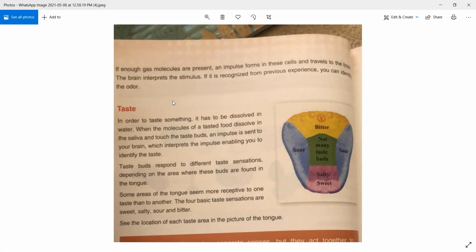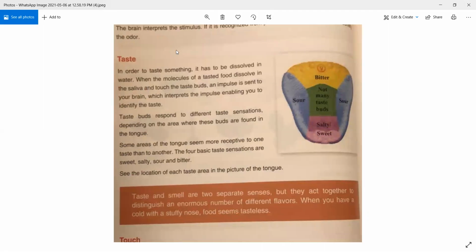So, taste. In order to taste something, it has to be dissolved in water, meaning wet.